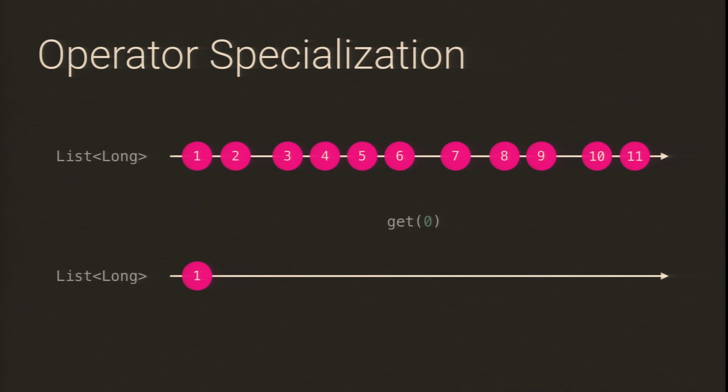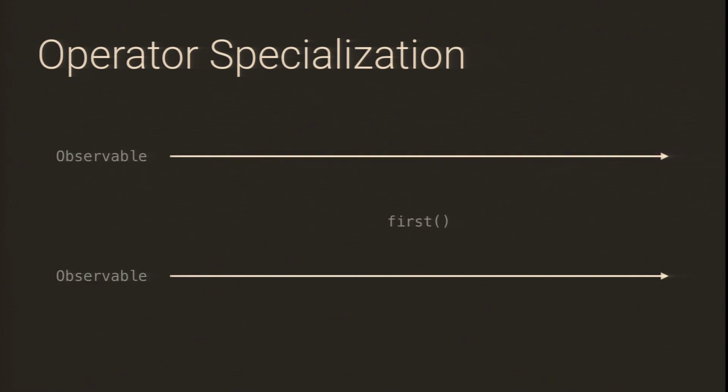But this is kind of weird, right? If you have a list and you call get(0) on that list, you don't get back a list which has a single item inside of it, right? You get back that item. You get back only the item because you're requesting a single item. And so what we want is that when I call first on an observable, I get back a type that actually represents a single type.